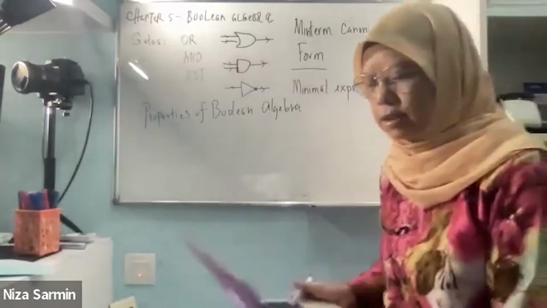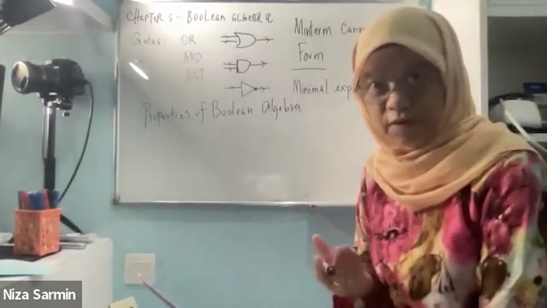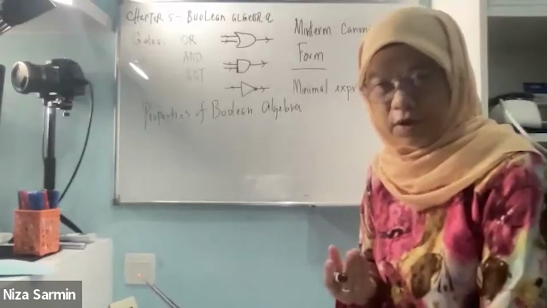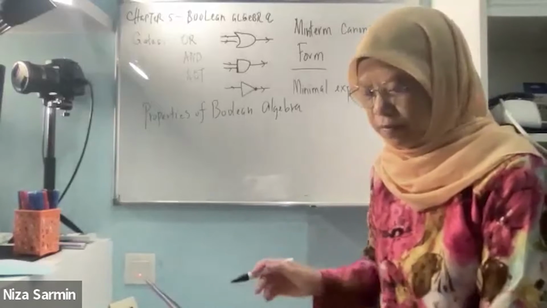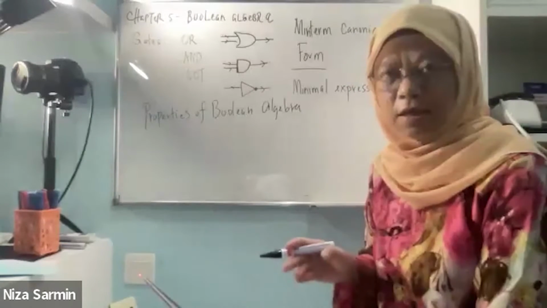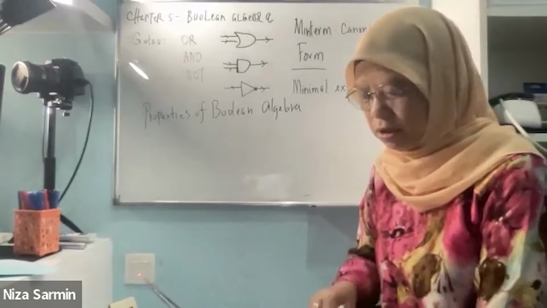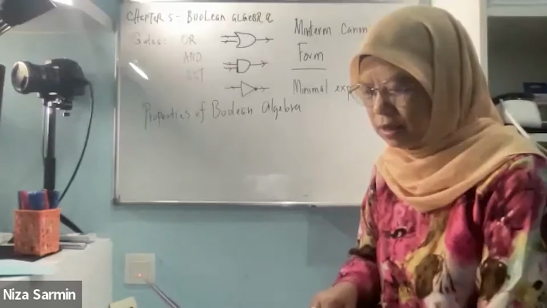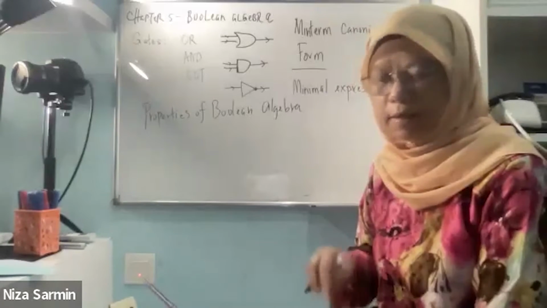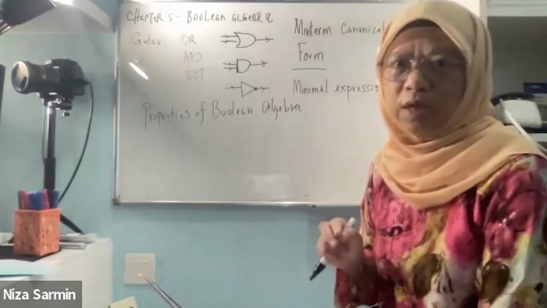Okay, we have seen this. You have commutative, associative, distributive, identity, complement, idempotent. All right, I'm not going to go through everything again, but we left with Karnaugh map.